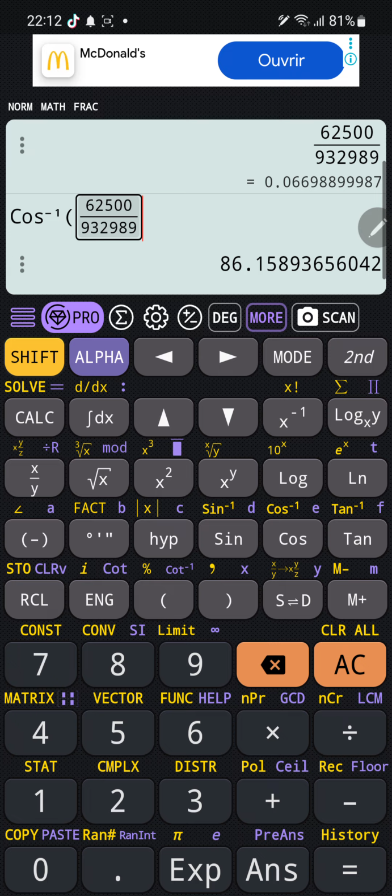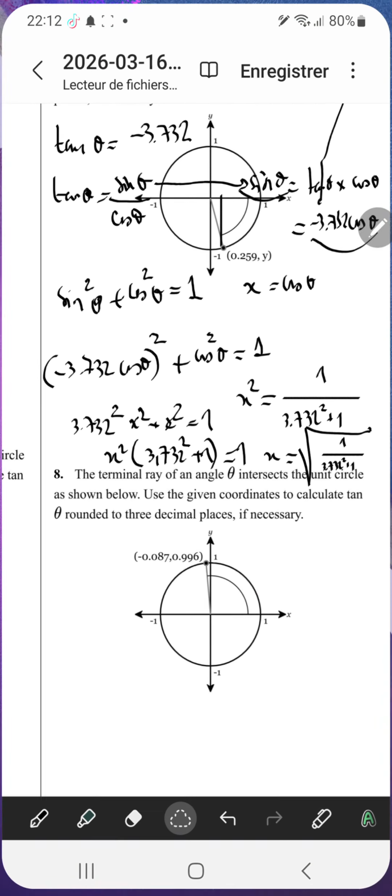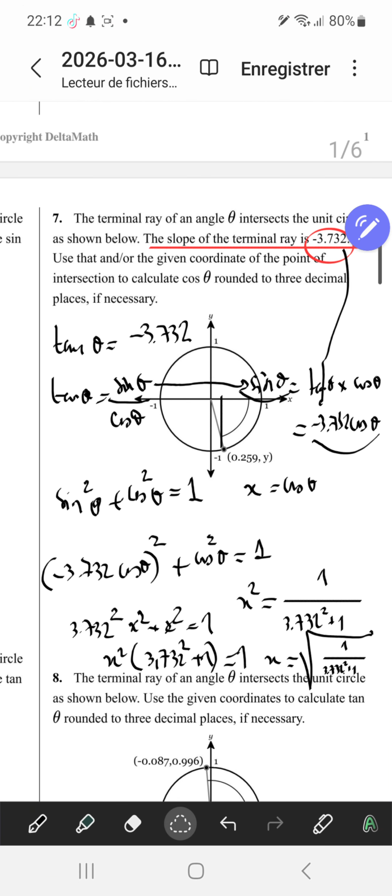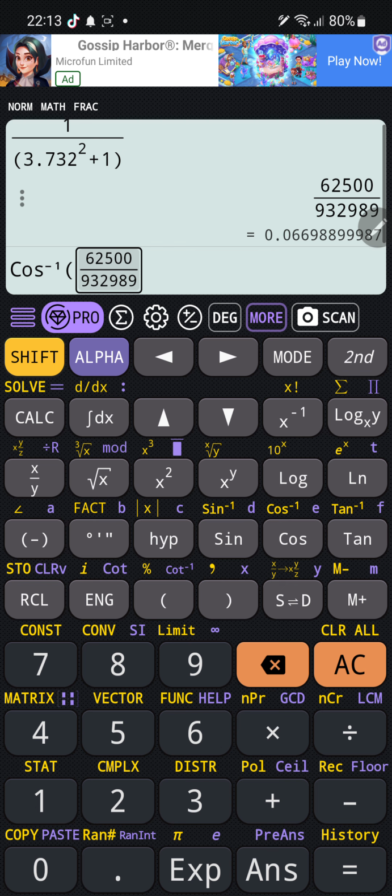So the angle is 86.50, and they want to stop to the nearest three decimal places.